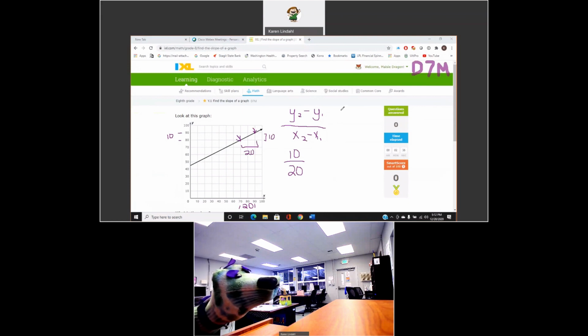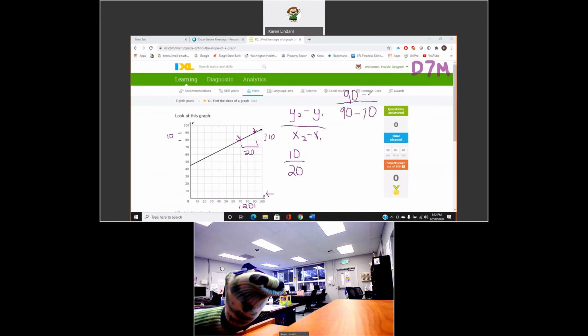But if you want to use the coordinates from those 2 points, remember the second point, the highest point there, is 90, 90. And the bottom point is 70, 80. So for the run, it's 90 minus 70, which is 20, just like we counted.